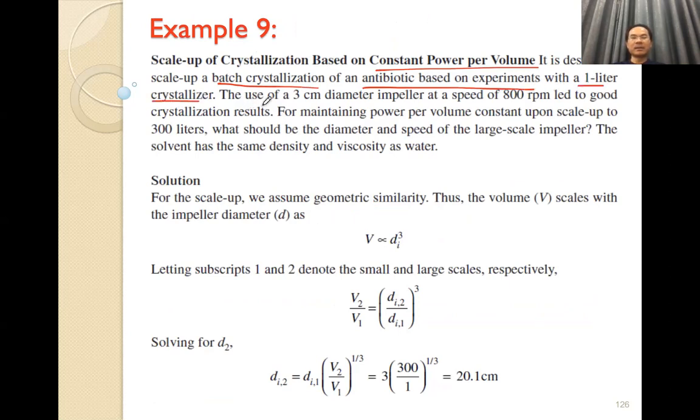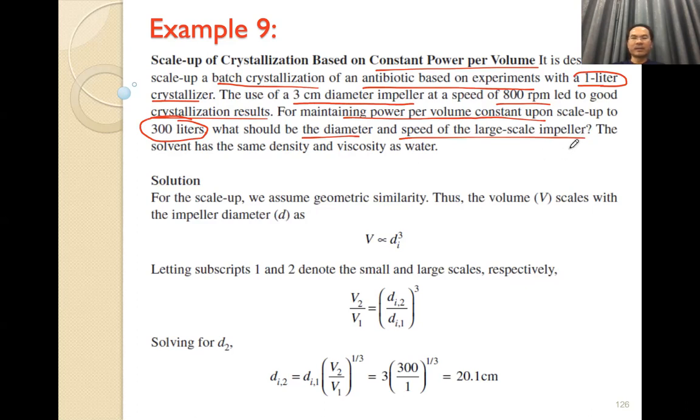For this case, the use of a 3 cm diameter impeller at a speed of 800 rounds per minute led to a good crystallization result. For scale-up, you maintain the power per volume constant to scale up from 1 liter to 300 liters. What should be the diameter and speed at large scale?